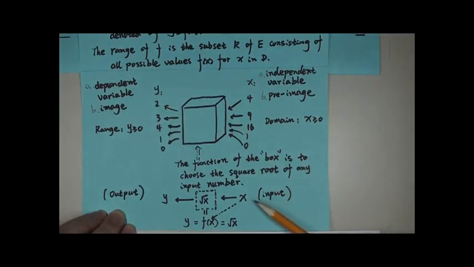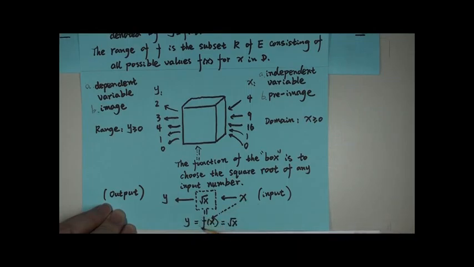And then the input, if it's x, you put it in parentheses after f. Here the relationship between f and x is not a multiplication; it just shows f is the function of this box, and the input is x.